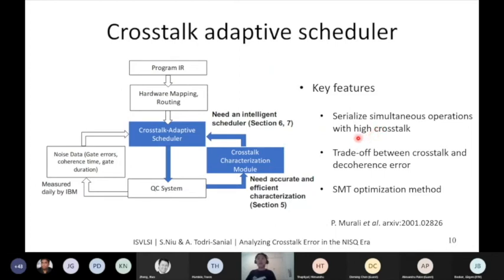However, the serialized operations will increase the circuit depth. It will further introduce some decoherence error. In this scheduler, it trades off between the crosstalk and decoherence error. It sets some constraints and uses a cost function and puts them to the SMT solver to come up with a new schedule.